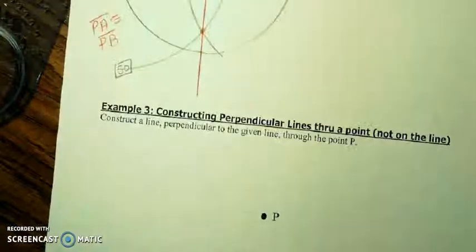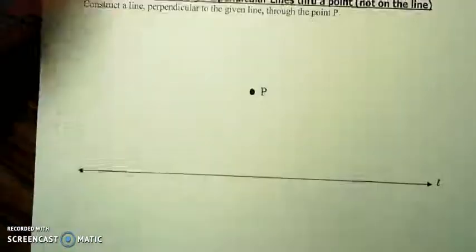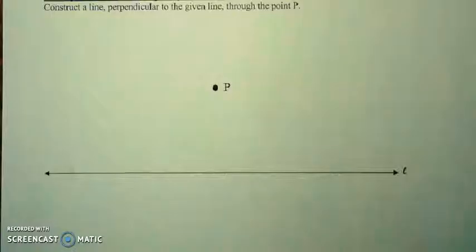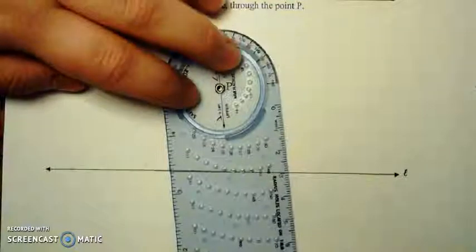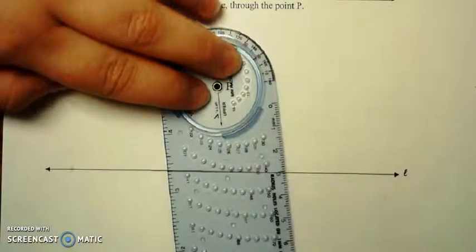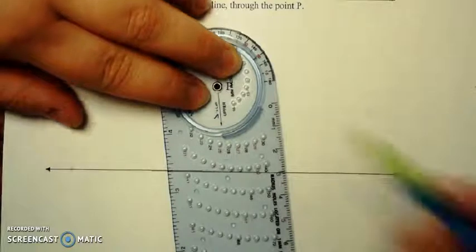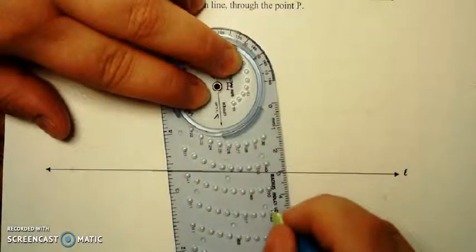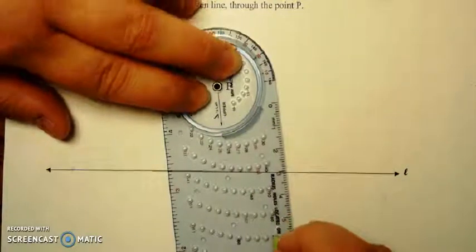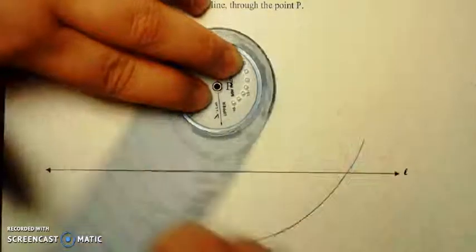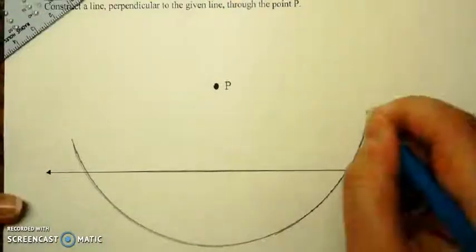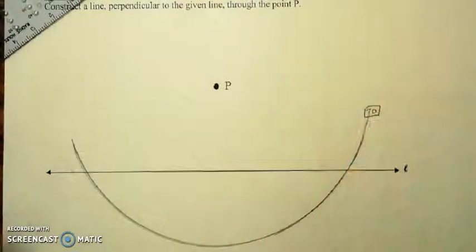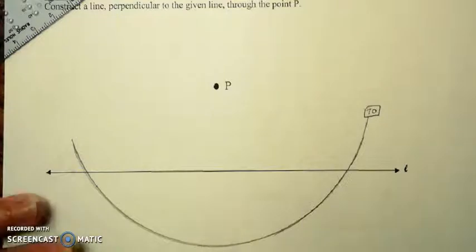Now, we're going to slide down, and it's very similar. This is kind of a long line, so I'm not going to need to extend this, I don't think. You're going to start the same way. You're going to put the gold piece on point P, any number you want. I'm going to come down the page a little bit just to give myself some space. So I'm using the number 70 here. I made this arc with a 70, and you don't need to remember that number, I'm just jotting it down here.